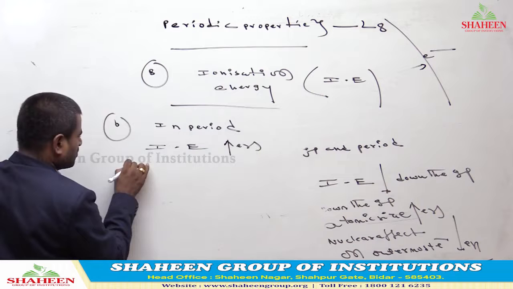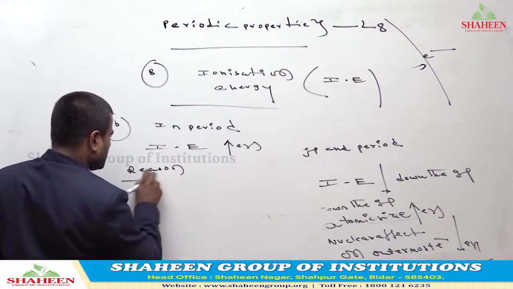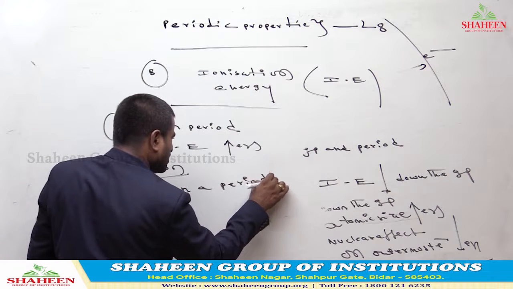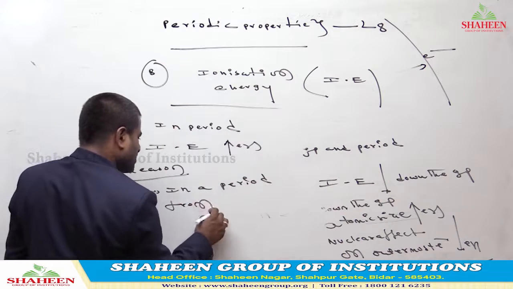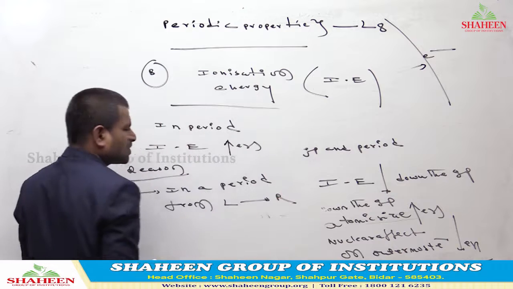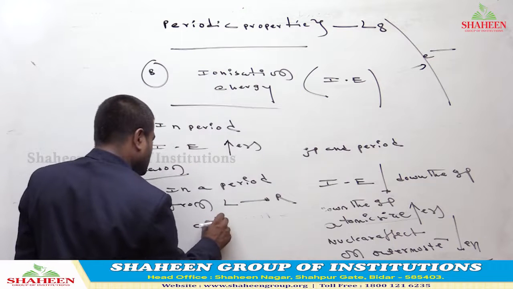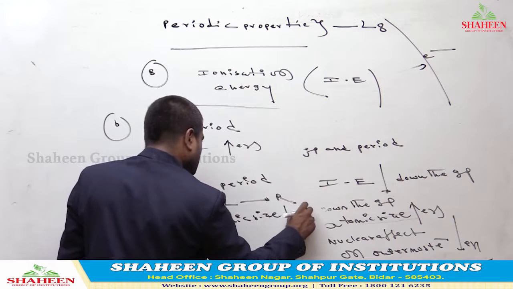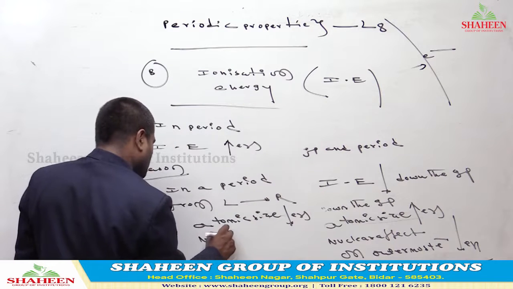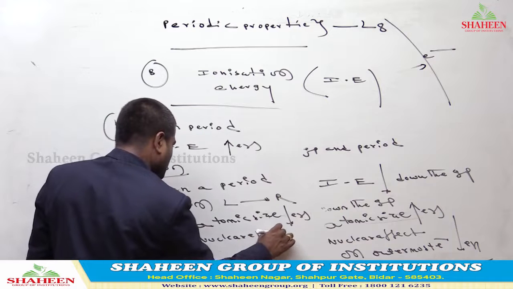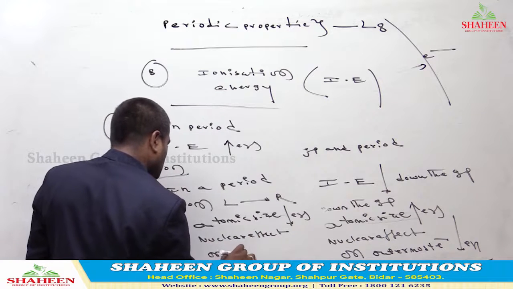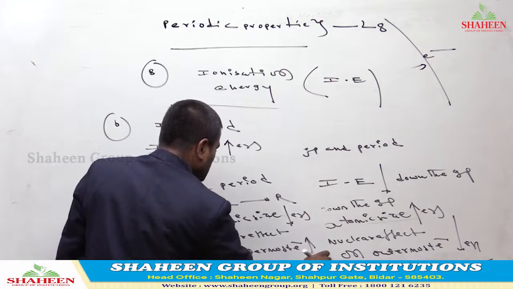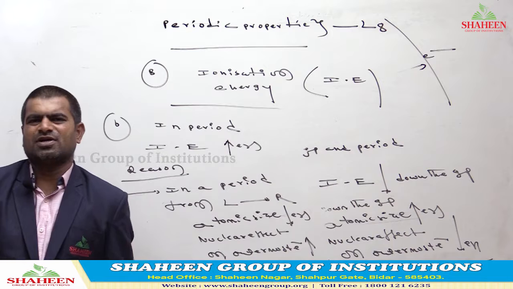The reason: in a period, from left to right, atomic size decreases and the nuclear effect on the outermost electron increases. So, ionization energy increases in a period. Remember students.